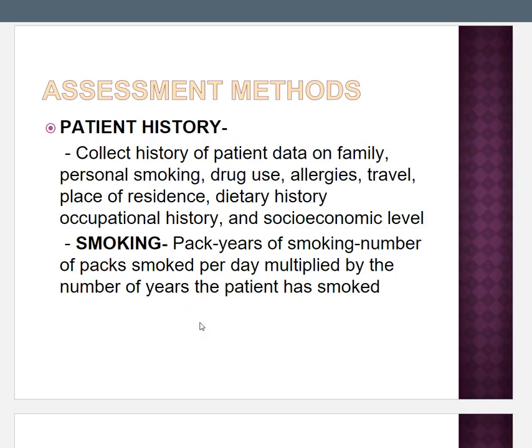Hello class. I'm going to continue talking about assessment of the respiratory system. I want to talk a little bit more in detail about some of the assessment methods, which would include some of your patient history. This is really important when we want to look at the history of why a patient has acquired certain signs and symptoms that they may have a respiratory problem.